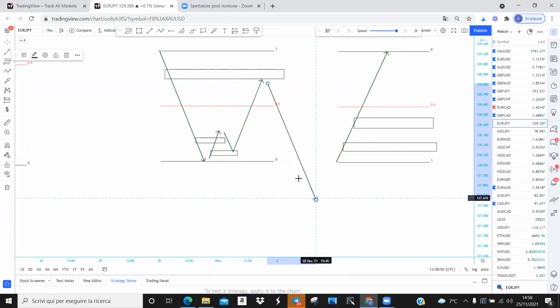Okay, so you target premium, and in this case, at premium, you target discount. But keep in mind, this is more advanced. This is not where you should start from. This is just a lesson for more advanced traders that will find confirmations from here.